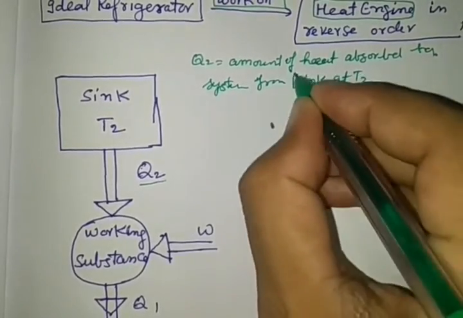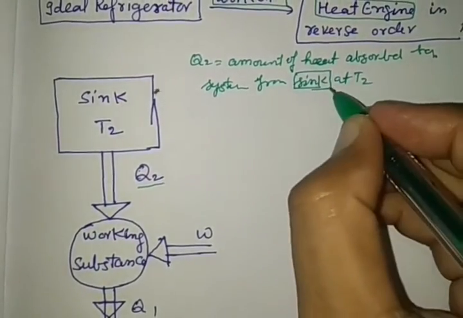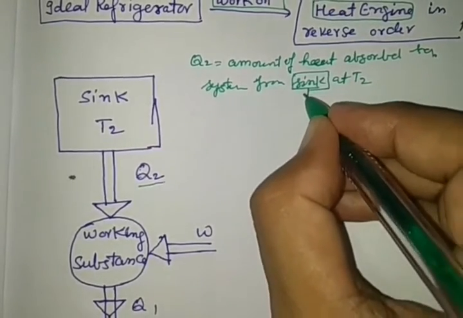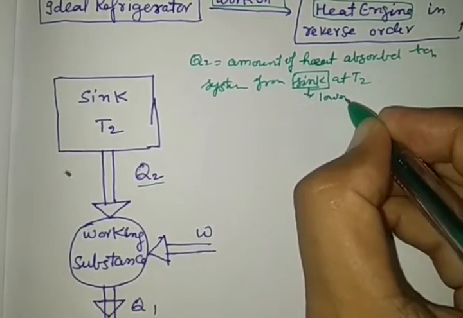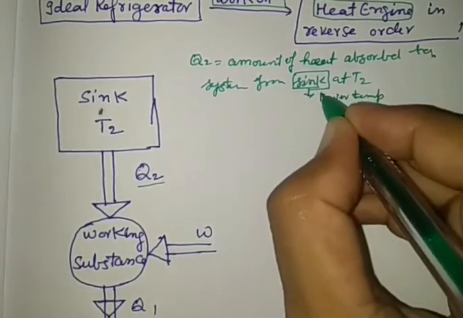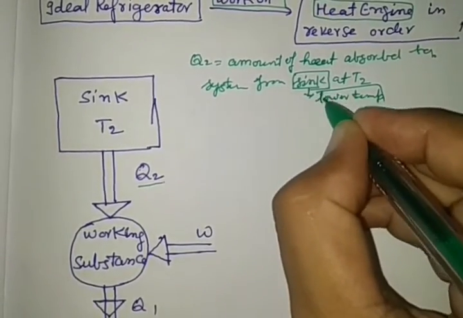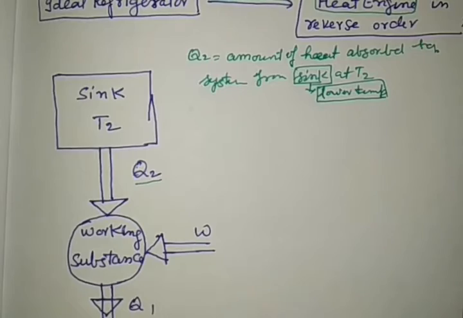What is the meaning of sink? In a refrigerator, fridge, sink means lower temperature. So it absorbs the heat.